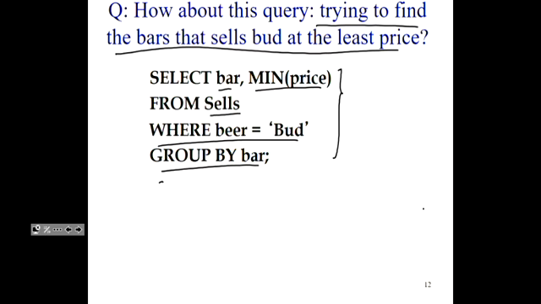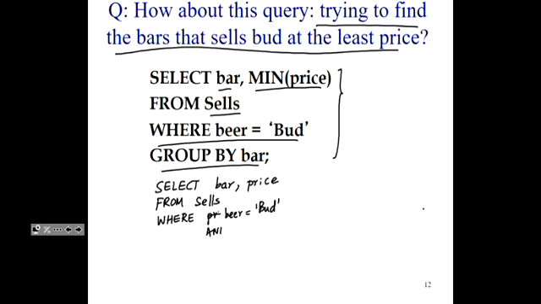So it would be select bar comma price from cells where, and what would I have here? So this would be the subquery. What would I want to do? Maybe actually let me start with beer is equal to bud, and price equals.